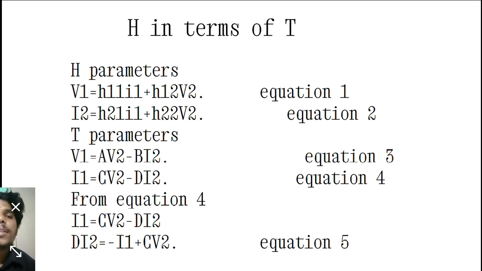This is equation 3. I1 equals C V2 minus D I2. This is equation 4. From equation 4, I1 equals C V2 minus D I2. D I2 equals minus I1 plus C V2. This is equation 5.